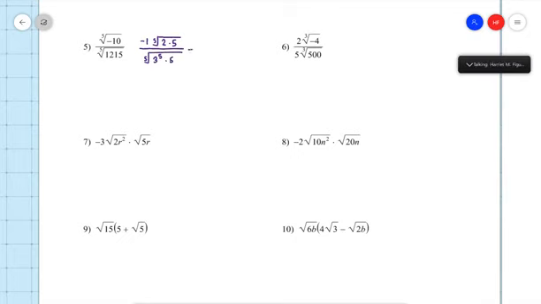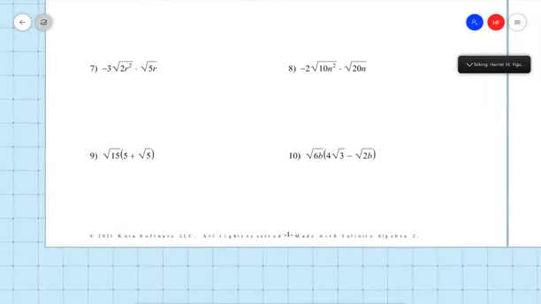And so we can't take anything out from the top, so we've got negative 5th root of 10. And the denominator, we can take out all of these 3's with no remainder. So we would get 3 5th root of 5. And we're not going to rationalize the denominator today, so we'll just leave it like that.